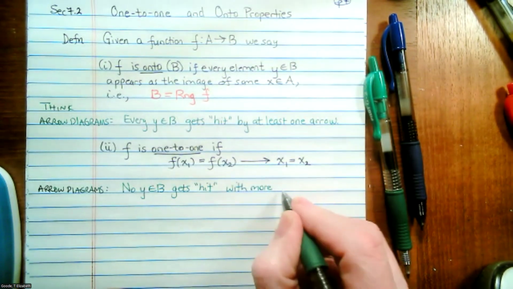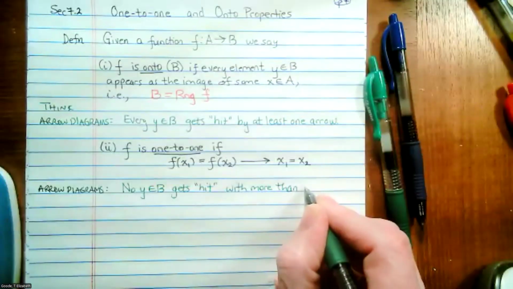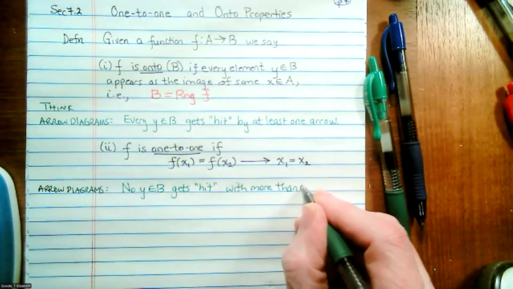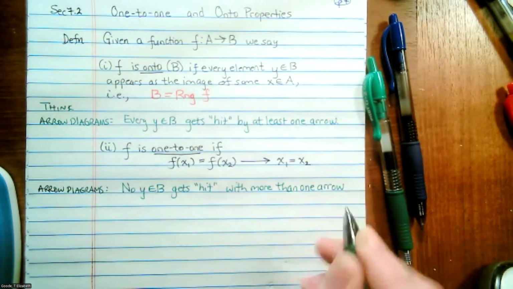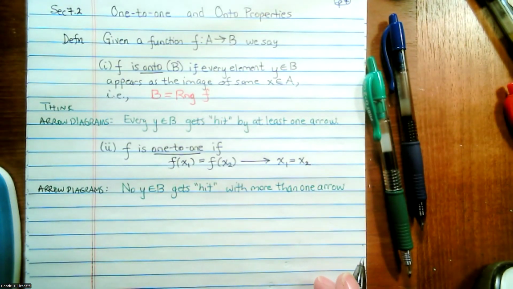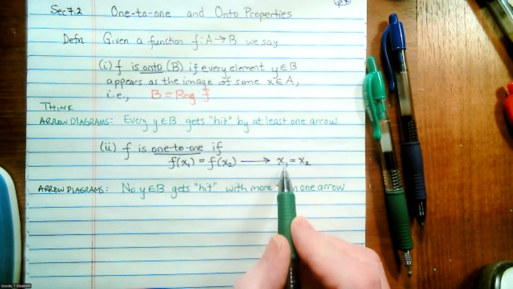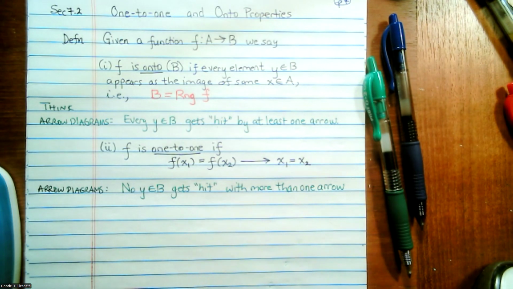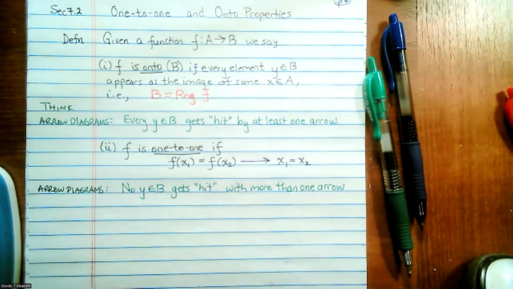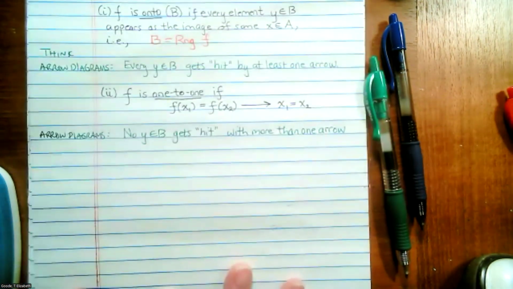It's okay that a y doesn't get hit by any arrow at all. The function could still be one-to-one, but no element in the codomain can be the image of two different values, x1 and x2. So let's look at some examples so that this becomes a little more clear.